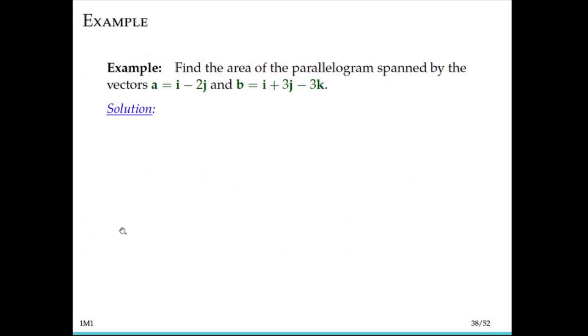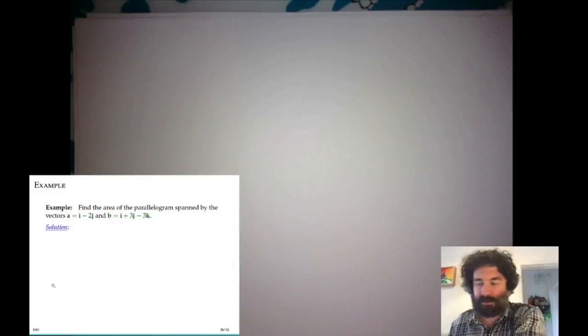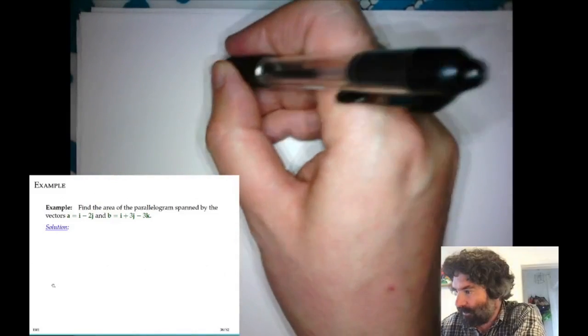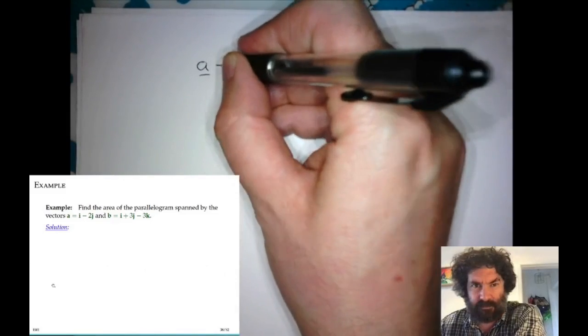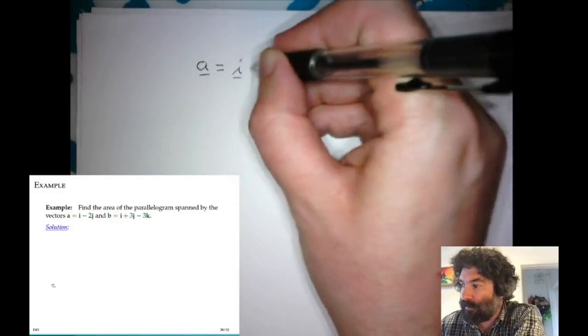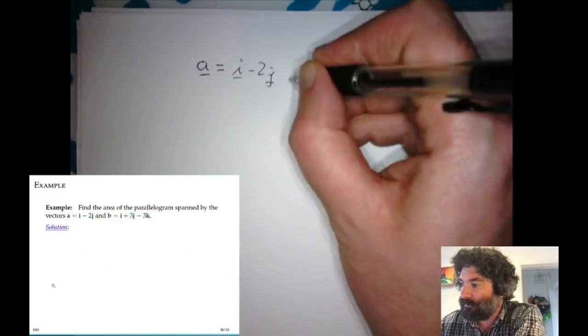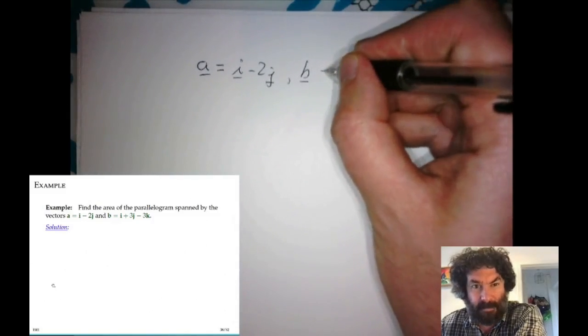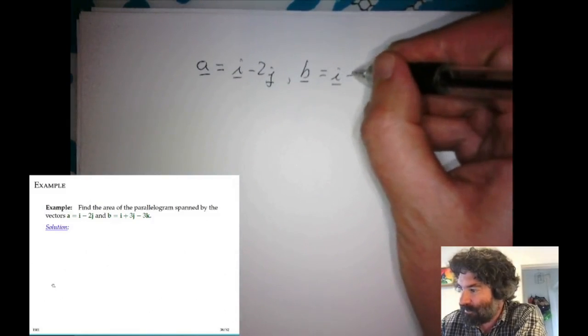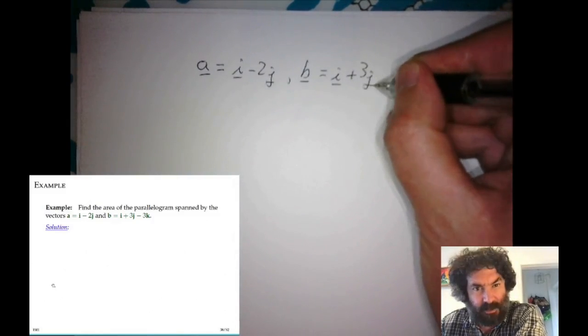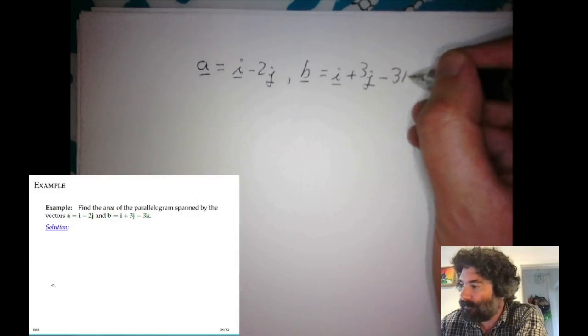Okay, so we'll look at one more example of using a cross product, this time to calculate the area of the parallelogram given by these two vectors A and B. So we have A equals i minus 2j, B equals i plus 3j minus 3k.